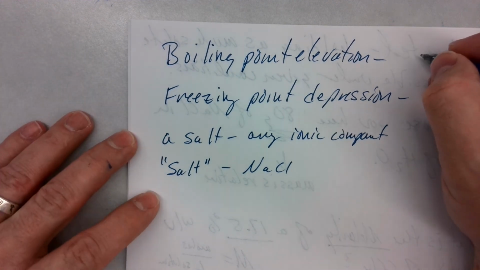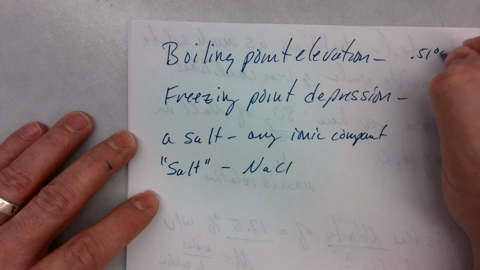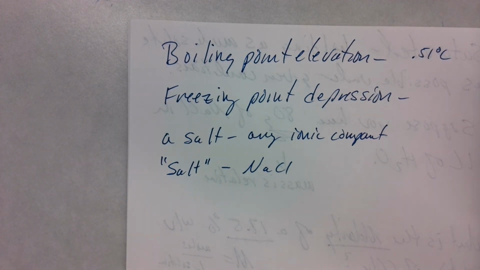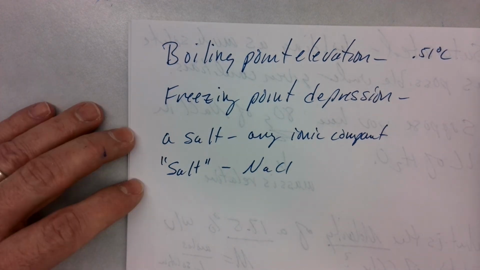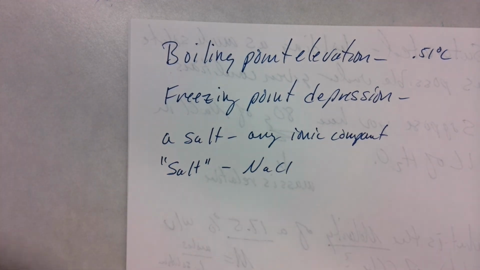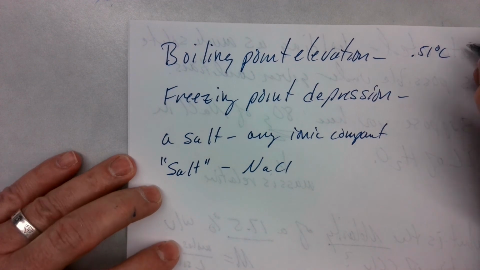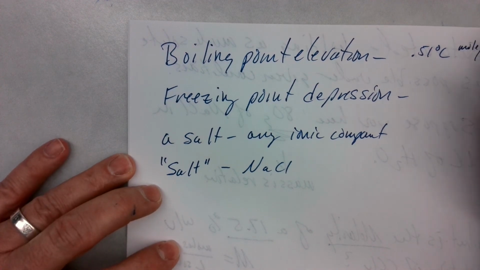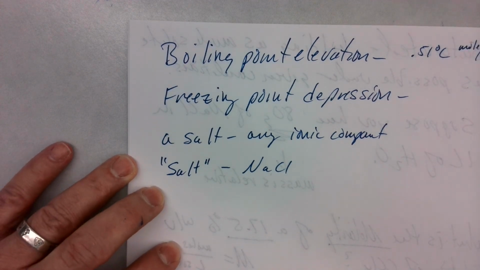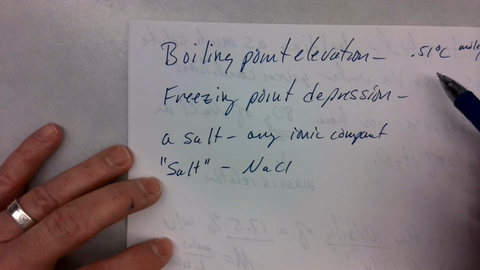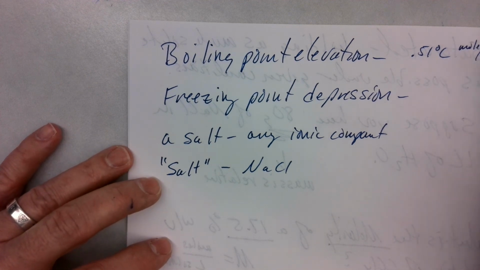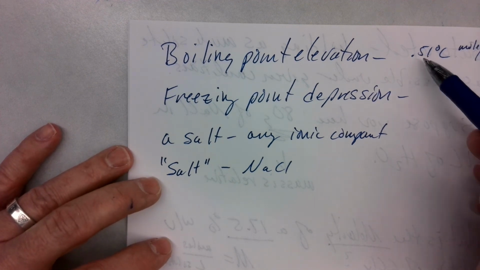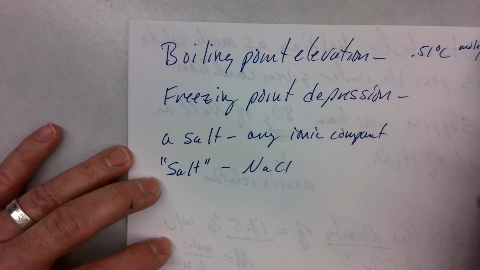Now, boiling point elevation. Okay, there's a value and it's 0.51 degrees Celsius, and this is per mole per kilogram. So for every mole per kilogram, it's going to raise it 0.51 degrees Celsius.